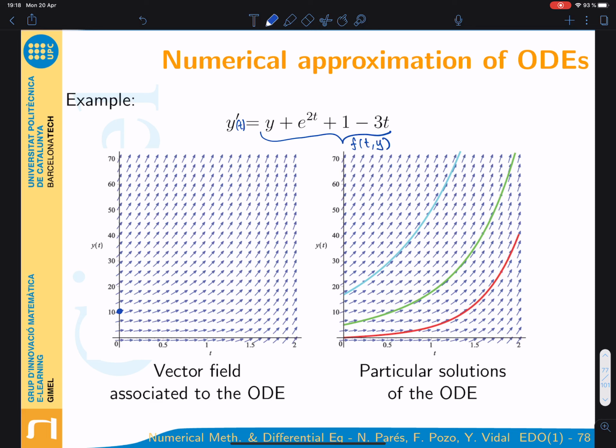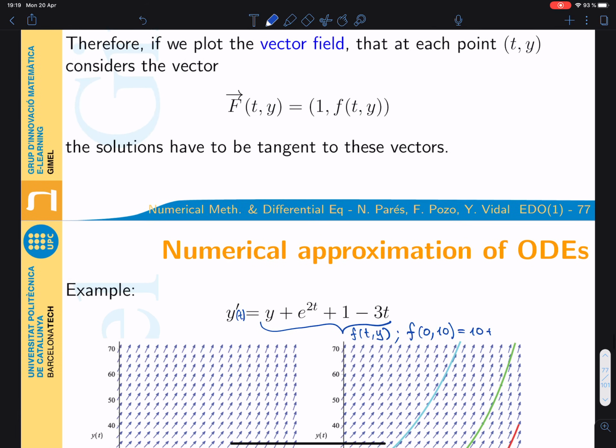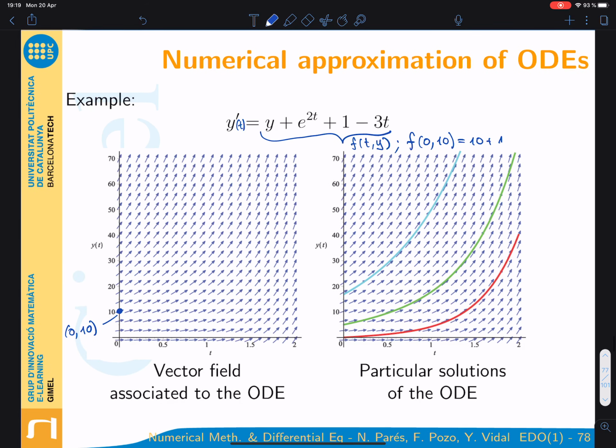So this point is t equals 0, y equals 10. And I could plug into this function f the value 0 for t and 10 for y. And I could do this calculation. Y is 10 plus the exponential of 0, which is 1, plus 1 minus 3 times t, which is 0, so the result here is 12.